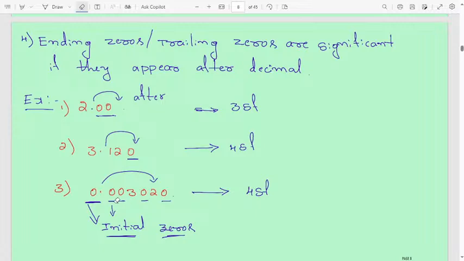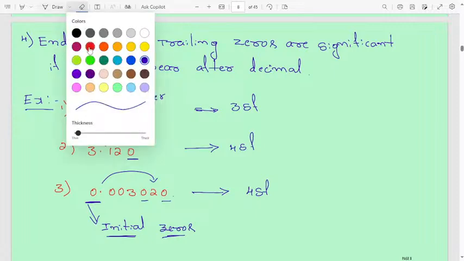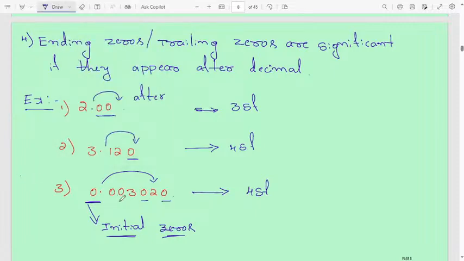I will erase this one; this is not the initial zero, this one is the zero after the decimal. But here this 0 point, the initial zero before the decimal, that's why we can't consider these two zeros; these two are not significant figures. Understood? That's why understanding the rules is also very important.